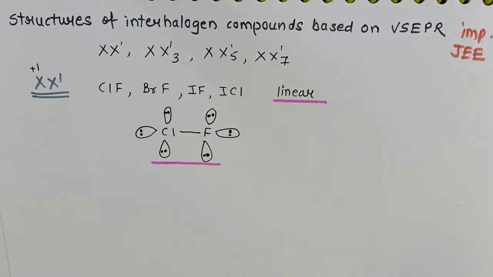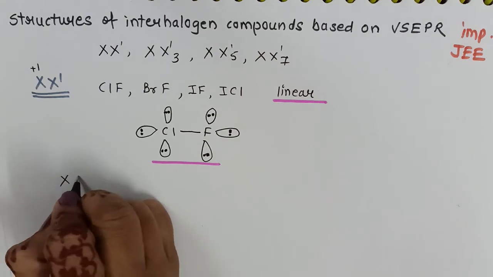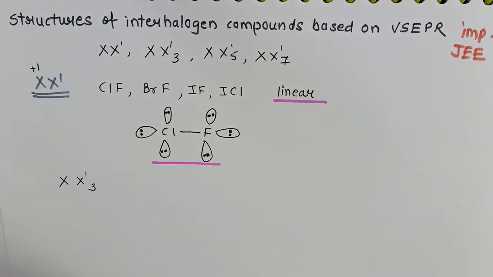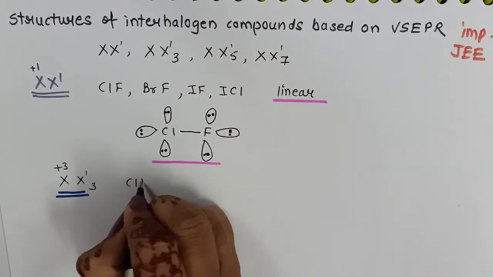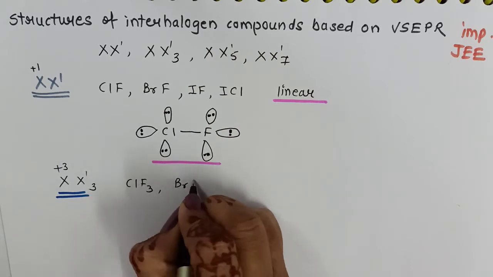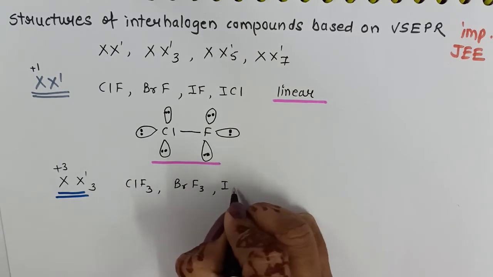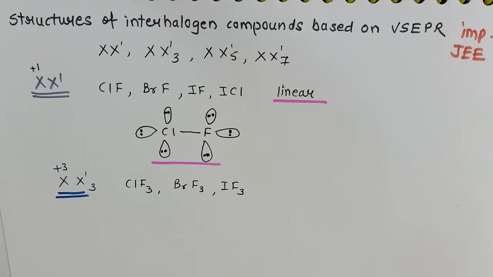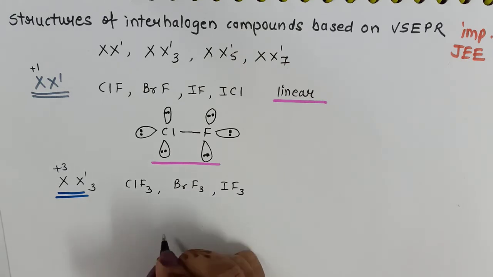The next one is XX'3. So here X will show +3 oxidation state. The examples are like ClF3, BrF3, IF3, etc. Now let us discuss their structure.